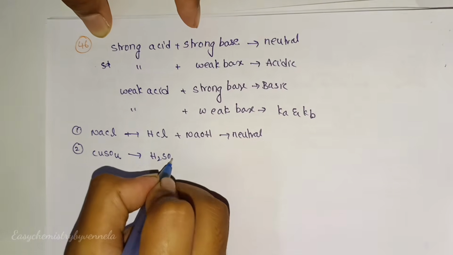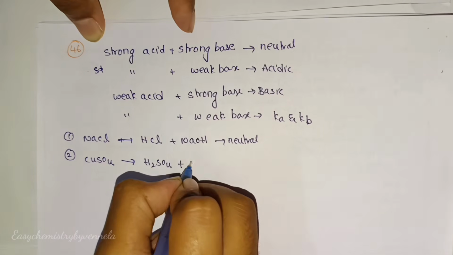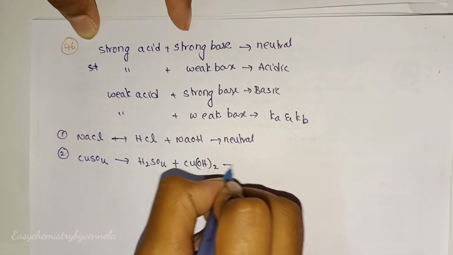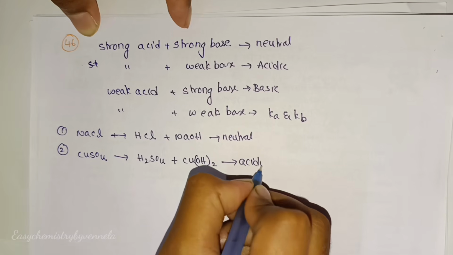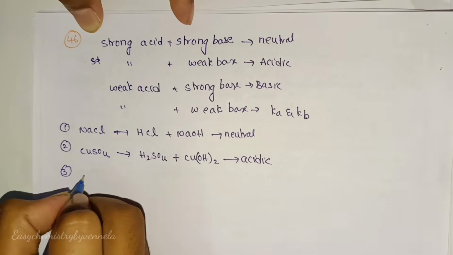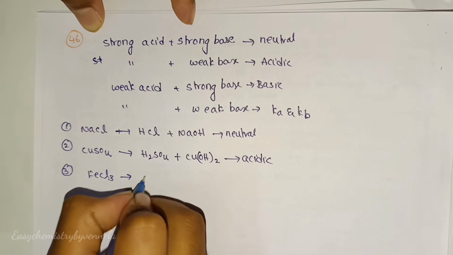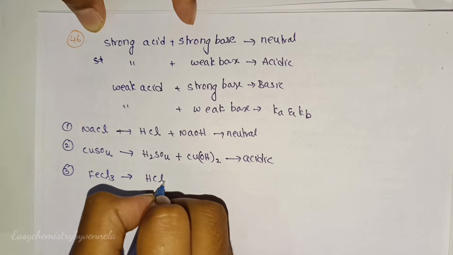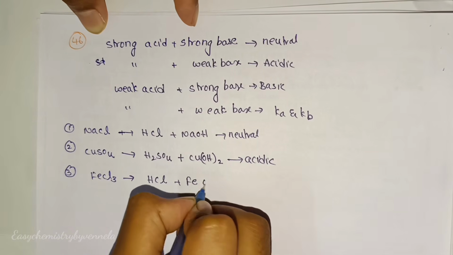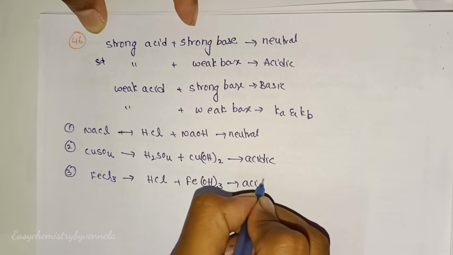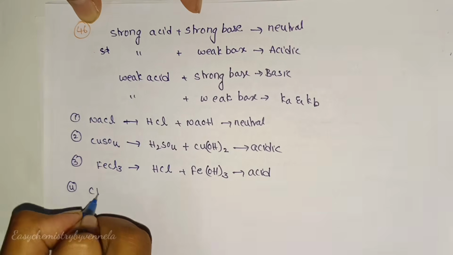This is from H2SO4, a strong acid, and Cu(OH)2, which is a weak base. So it is acidic. Next, third option, FeCl3. That is from HCl, which is a strong acid, and Fe(OH)3. This is acidic.